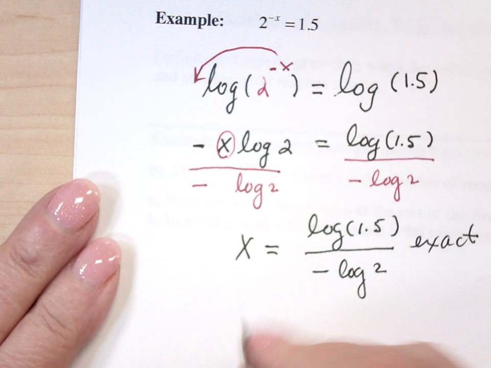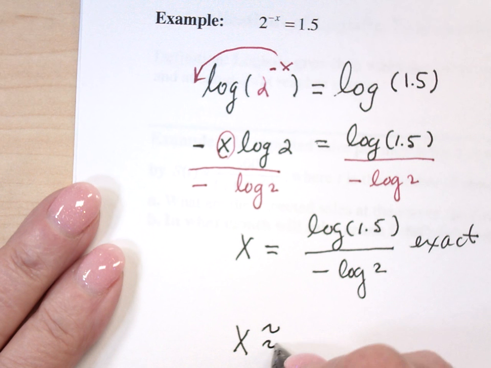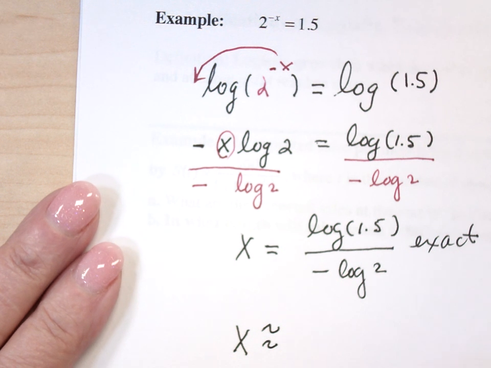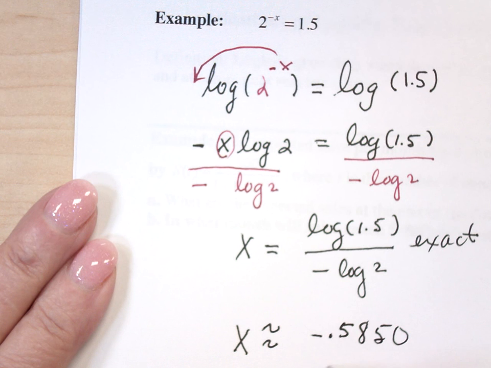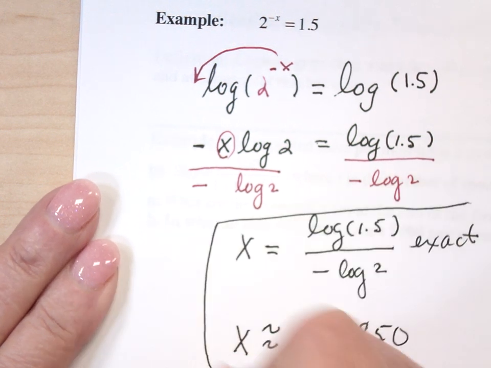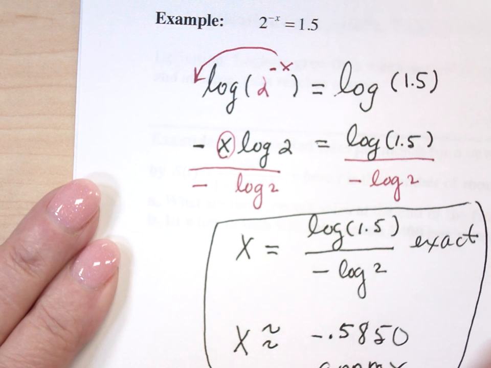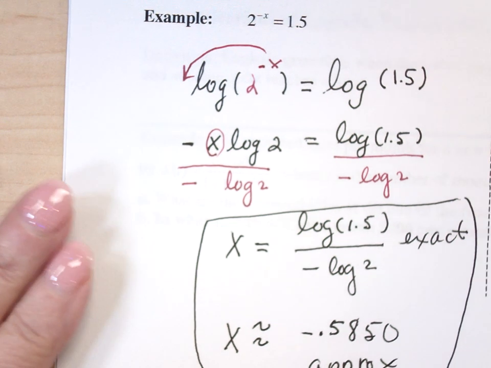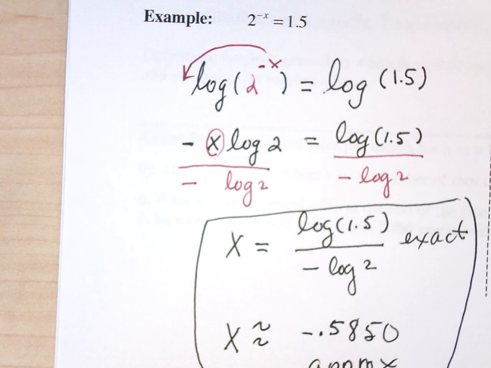Now if this were an application problem, I would want an approximate answer. And the approximate answer is negative 0.5850. Personally, we're looking at what I expect on the test.